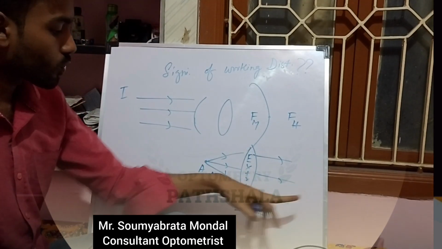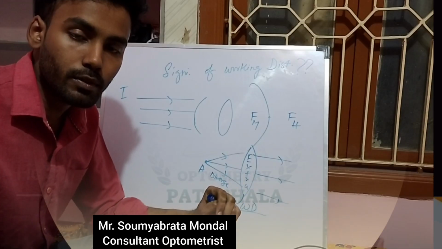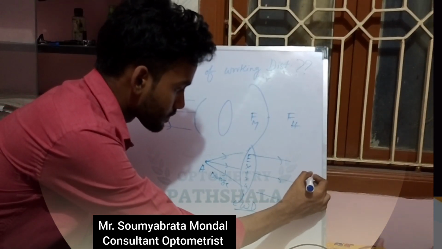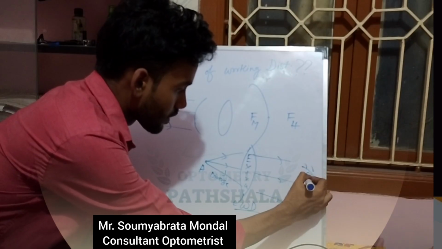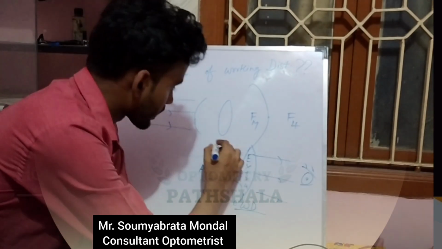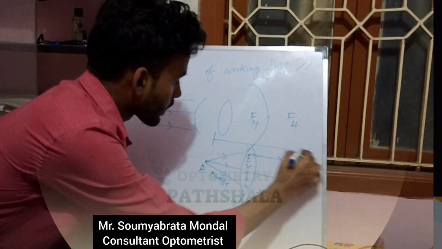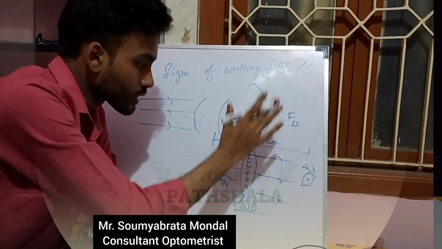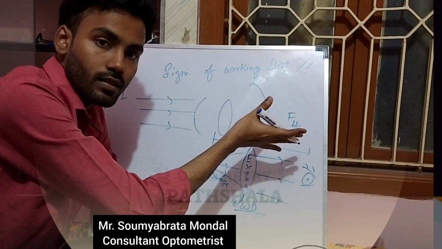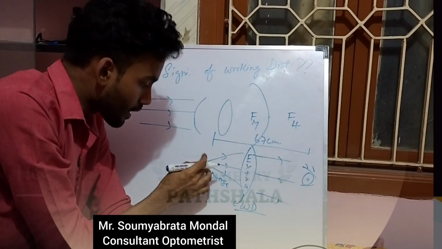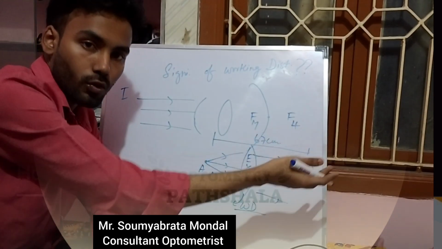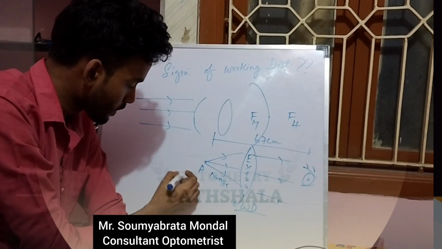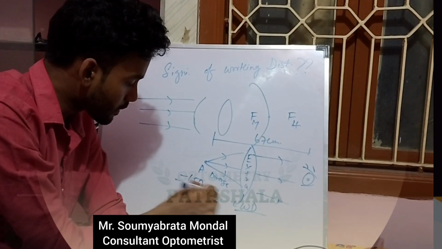For example, during retinoscopy, what is the distance between patient and retinoscope? Suppose this is the patient's eye, and the distance between the retinoscope and the patient's eye is 67 centimeters, right? So for a 67 centimeter distance, the light rays have a divergence of -1.5 diopter.